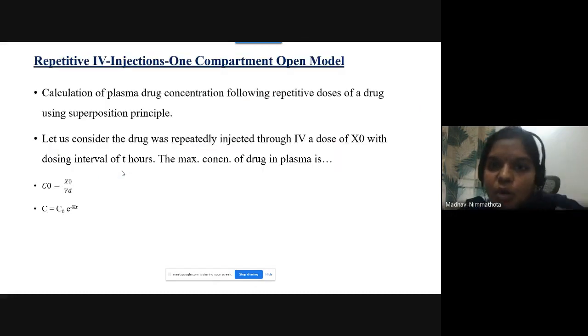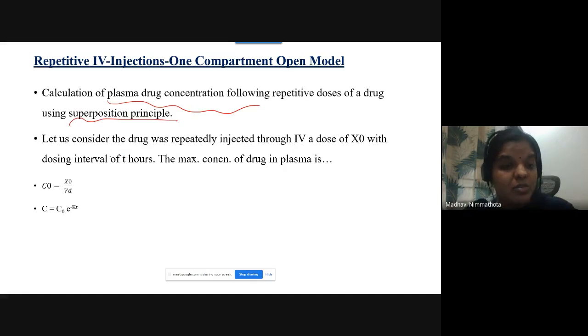And if you want to write more regarding repetitive injections through a one compartment open model, calculated from plasma drug concentration based on the superimposition principle, you can take this derivation part. It is very simple. Focus on it for only 6 to 7 minutes, and I'll finish up this class.